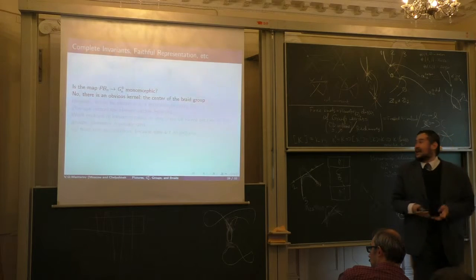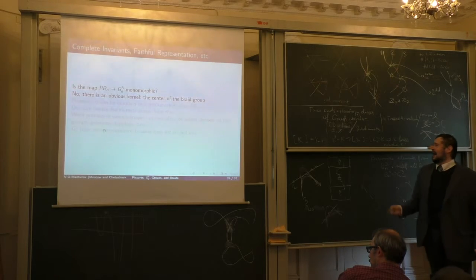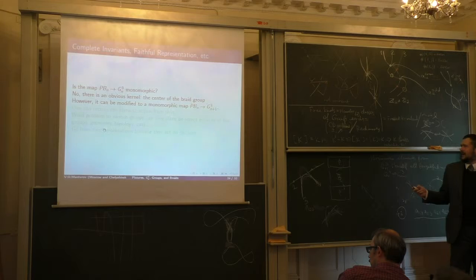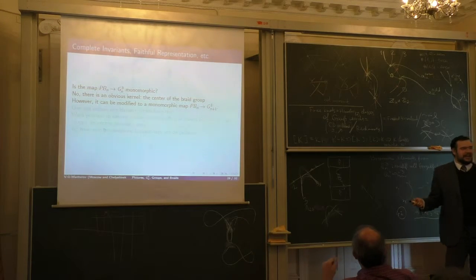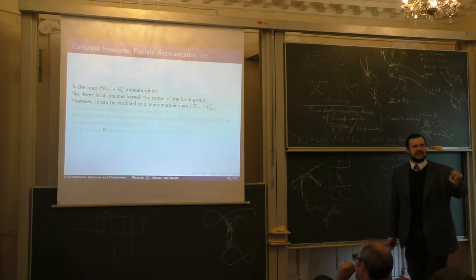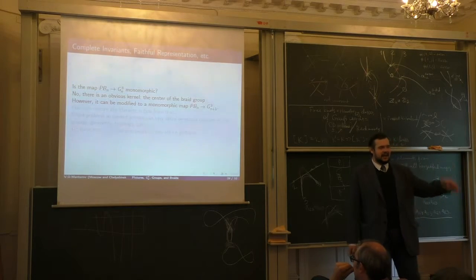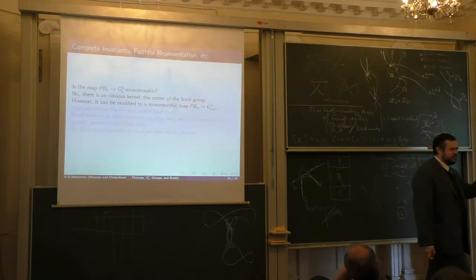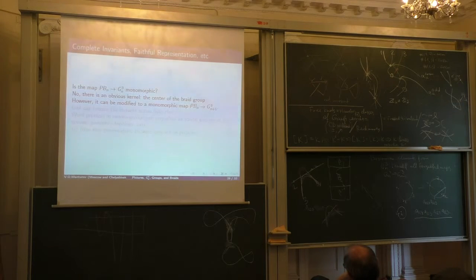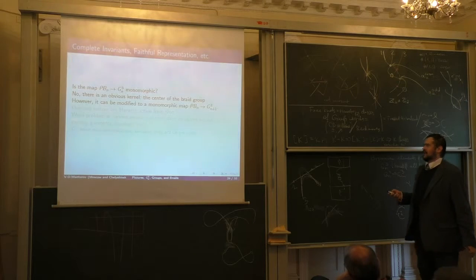And this is a kernel, but never mind. My map can be easily modified to some map from PBN to GN+1,3, when I add some artificial strand, and from that I can recover Artin's representation, forget the section, and get complete invariants. So I will get a monomorphic map like this.